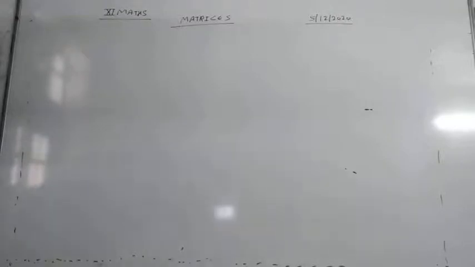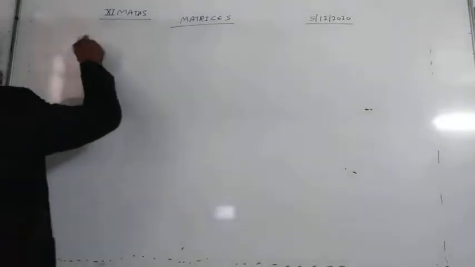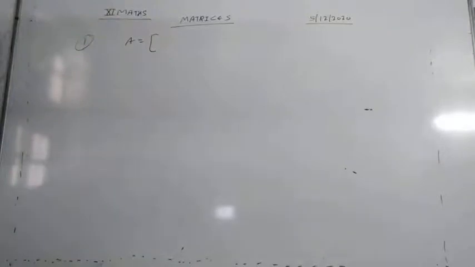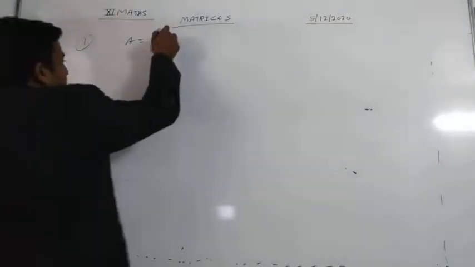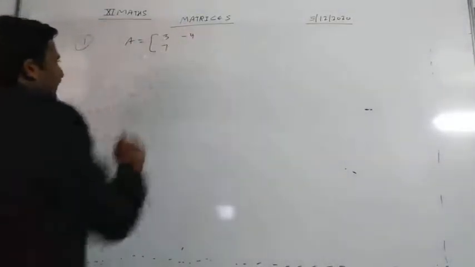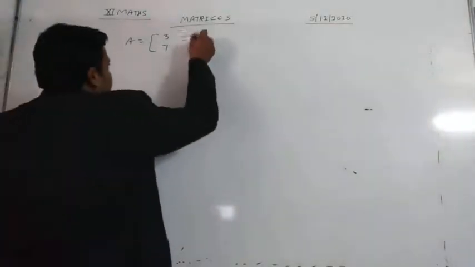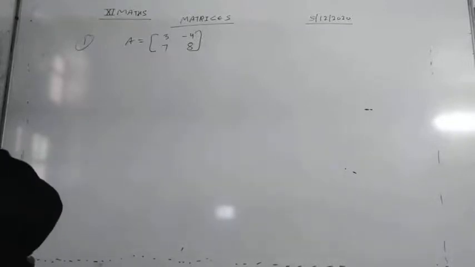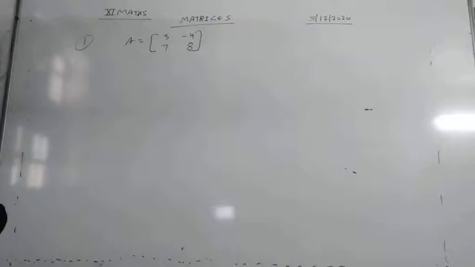If A is equal to the matrix 3, minus 4, 7, 8, then show that A minus A to the power t is a skew symmetric matrix, where A to the power t is the transpose of the matrix.